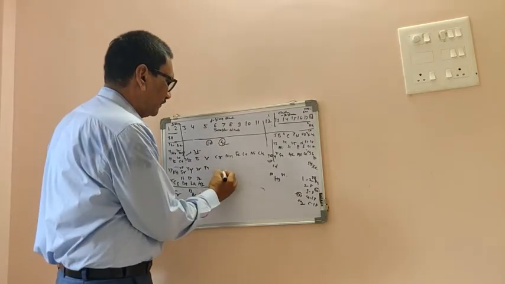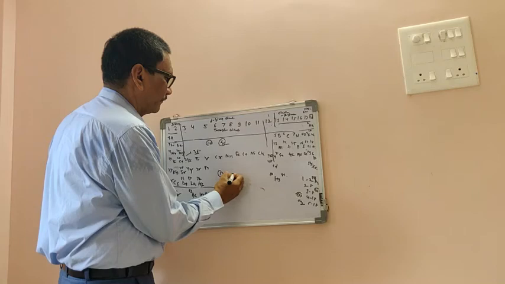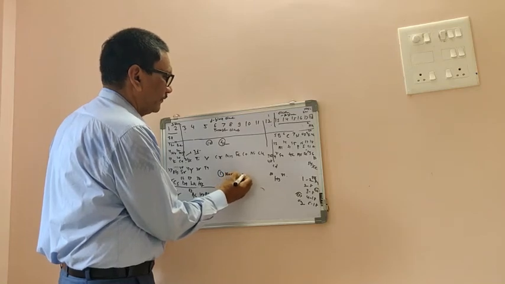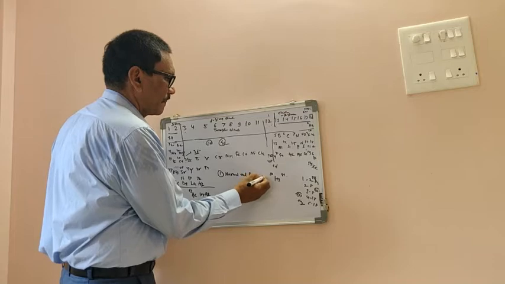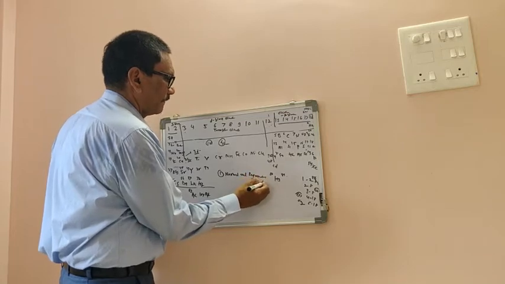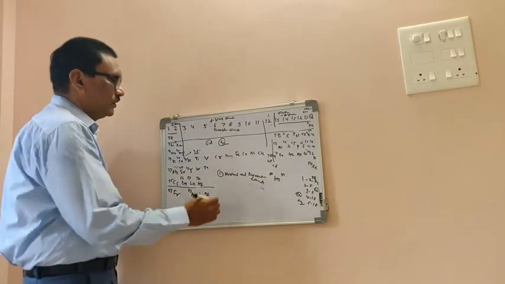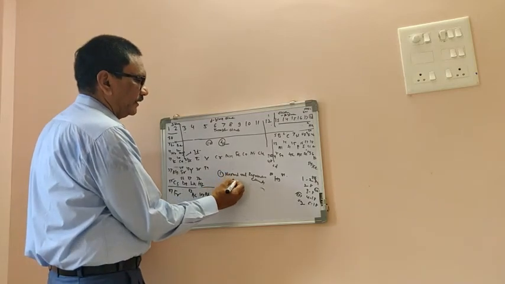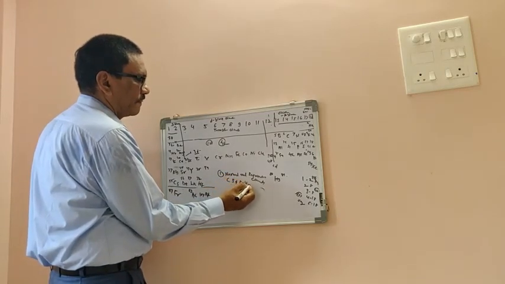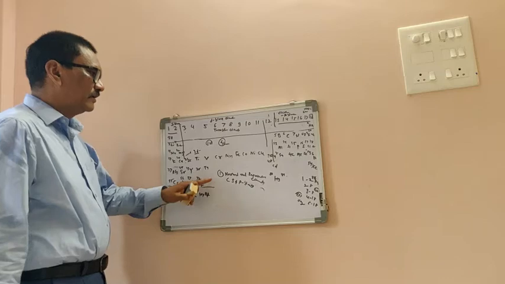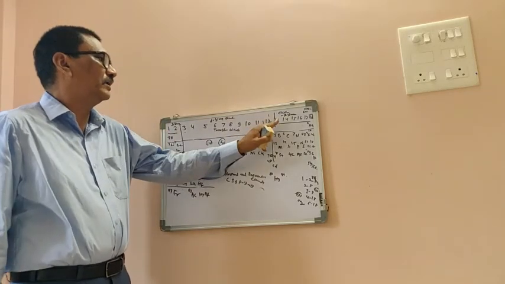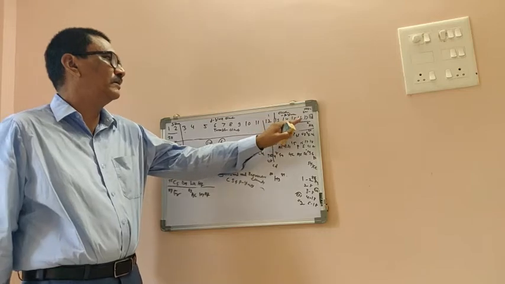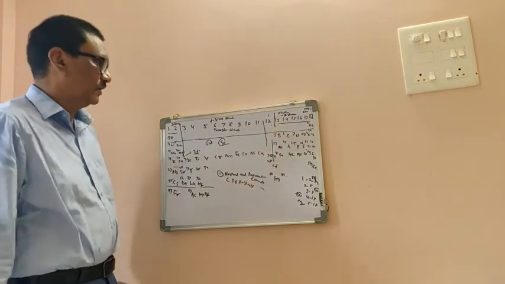The first is the normal and representative elements, which are called the S and the P block elements. That means they constitute group 1, group 2, group 12, group 13, 14, 15, 16, 17, and 18.